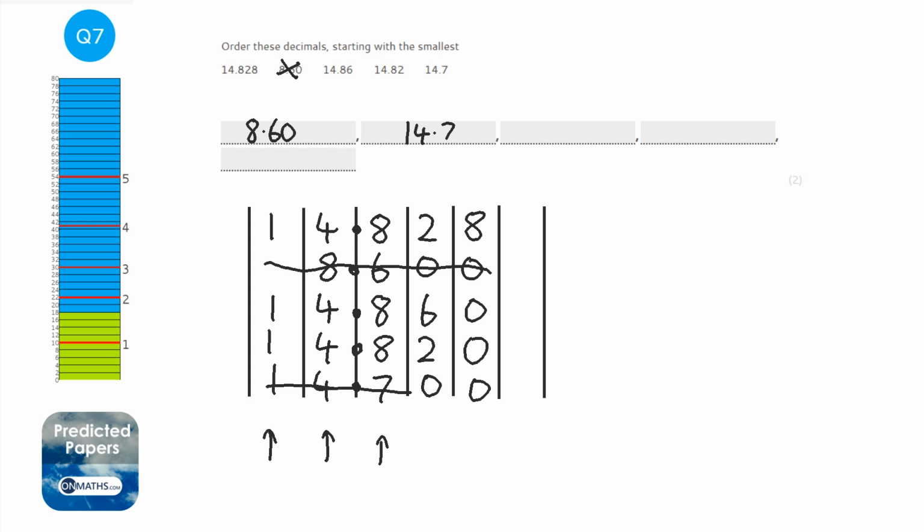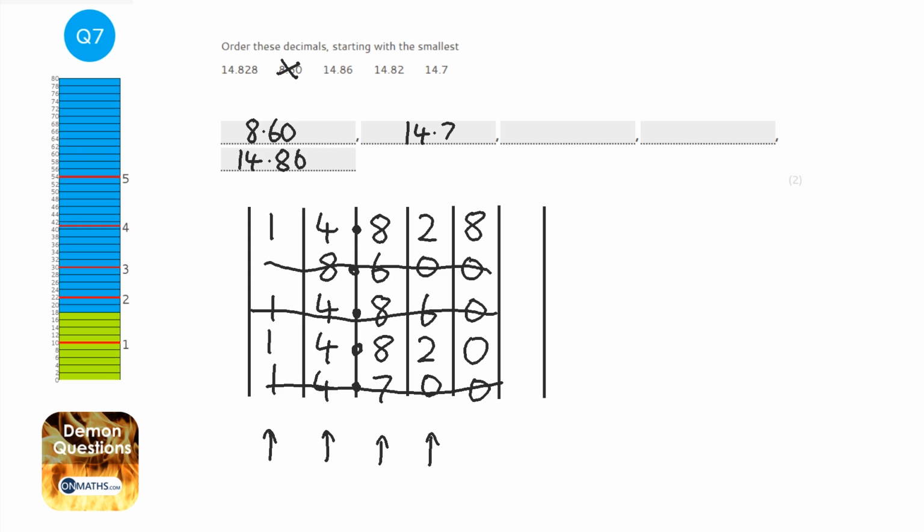So I can cross that one out. All the other 3 have tied because they're all 8. So I move on to the next column. Now, looking at this, there's 2 2s and a 6. Now that 6 is definitely the biggest number. So I could fill that in as the biggest number. And we've just got to work out what the smaller of these remaining 2 are.